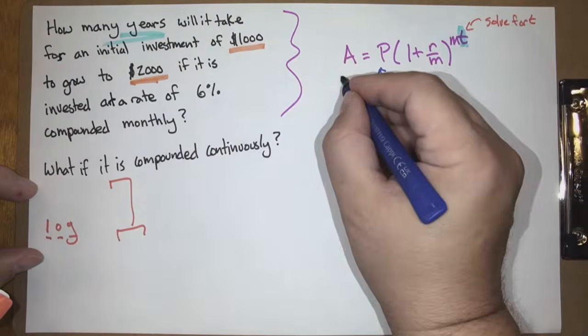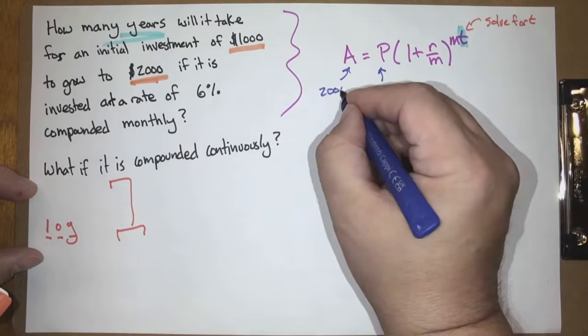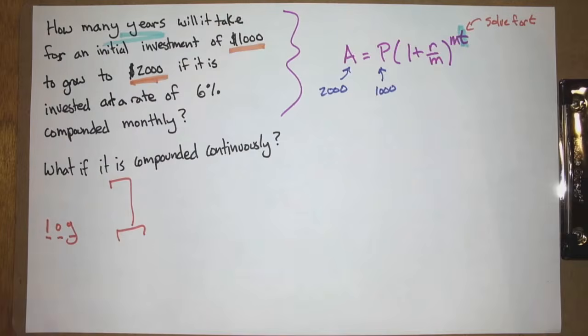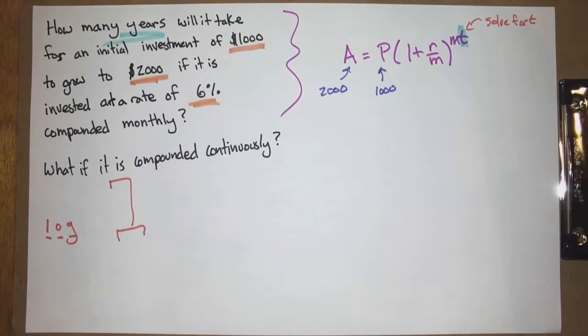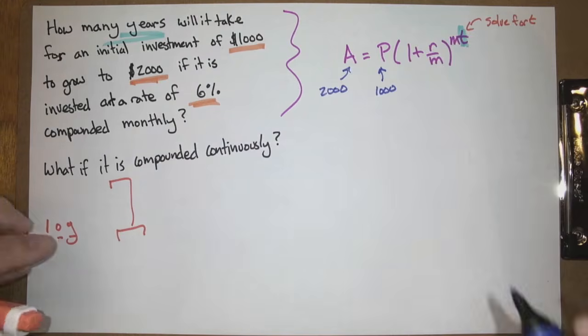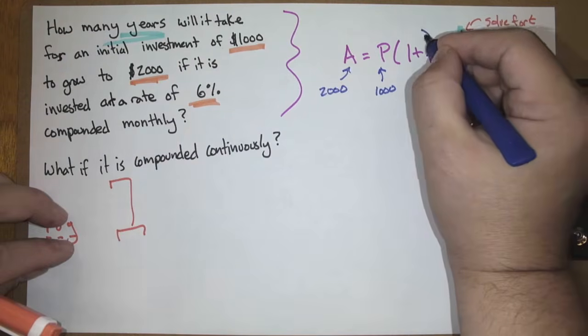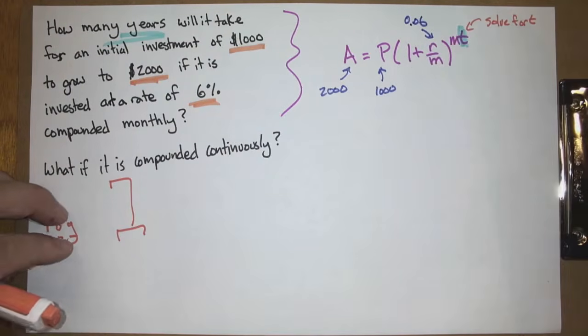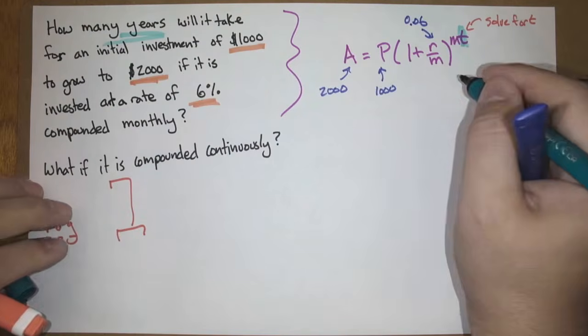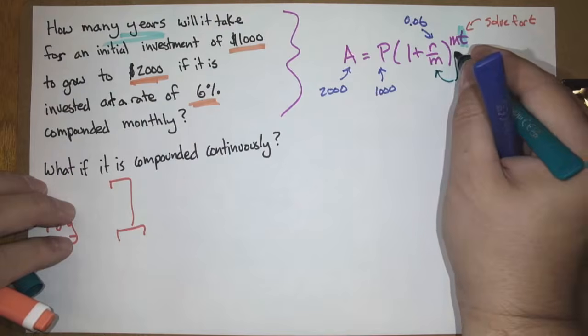A. Okay, 6%. What does that correspond with? R, and we convert to decimal. So r is 0.06.